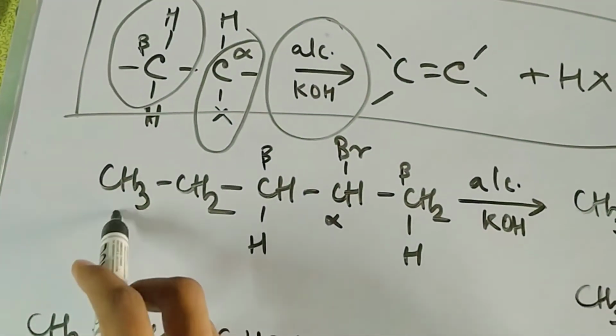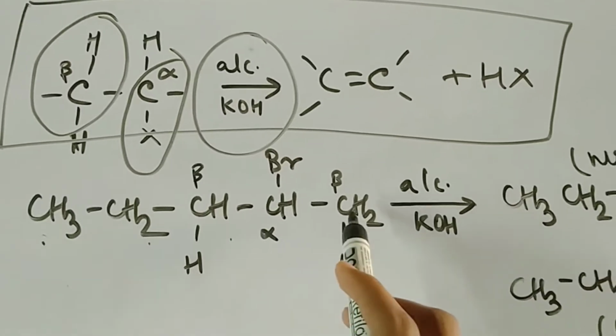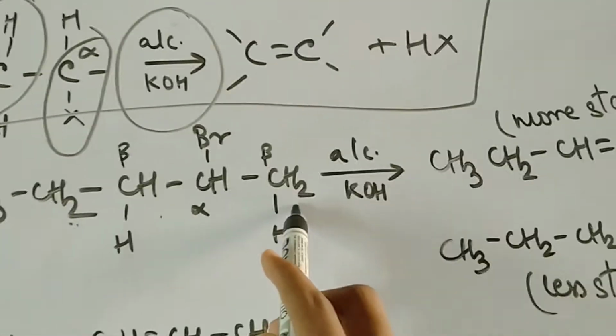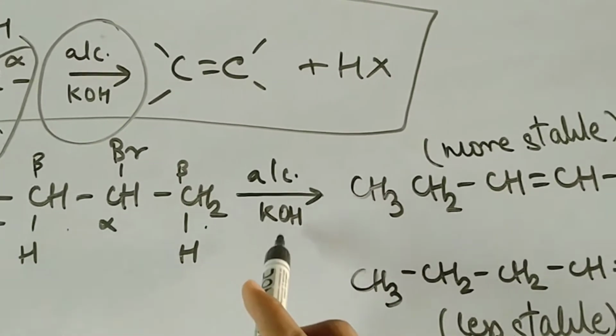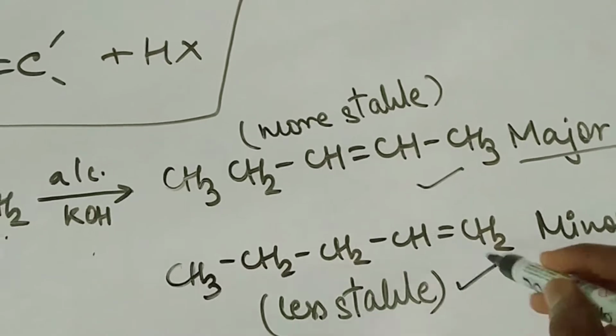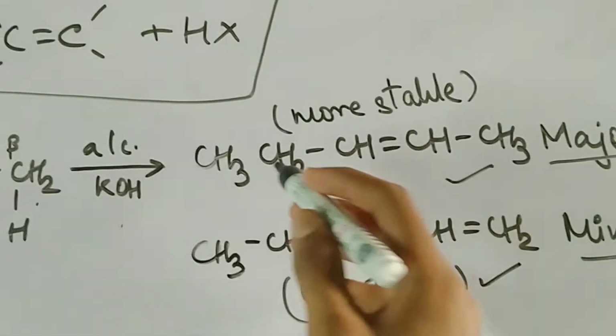We took CH3CH2CHXCH2CH3 passed in alcoholic KOH and we get two products, one minor and one major. I'll discuss which is major and which is minor.